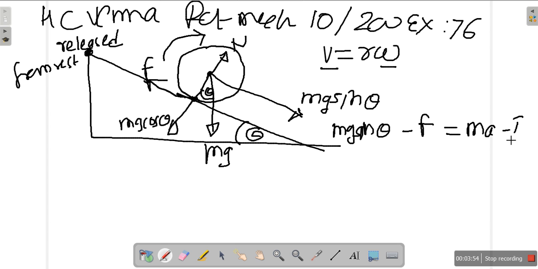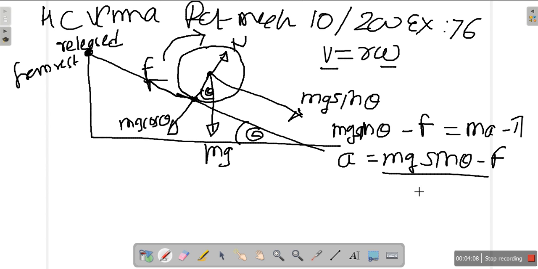This is the first relationship. So that gives you the value of acceleration a as mg sin theta minus F upon m. Correct.